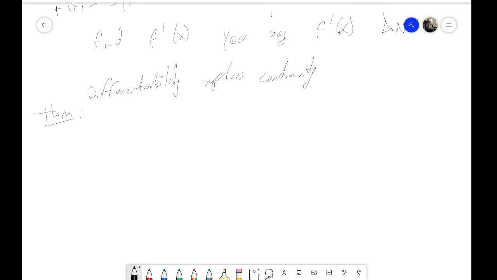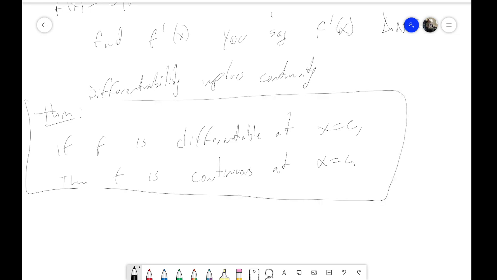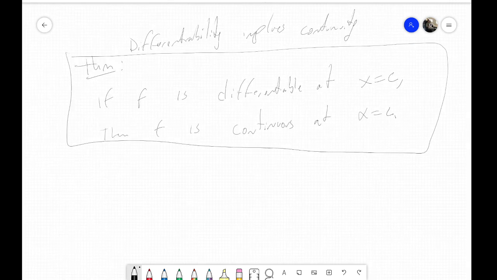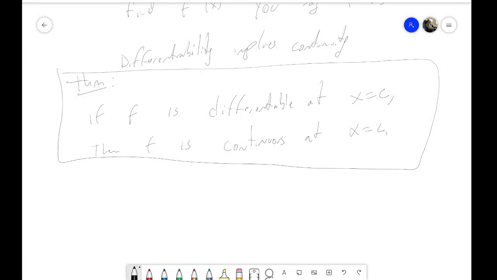It says the following: if f is differentiable at x equals c, then f is continuous at x equals c. This is a very big statement. It's a very important theorem, because if you're told that a function is differentiable for all x's, then you know that the function is continuous at every single point.